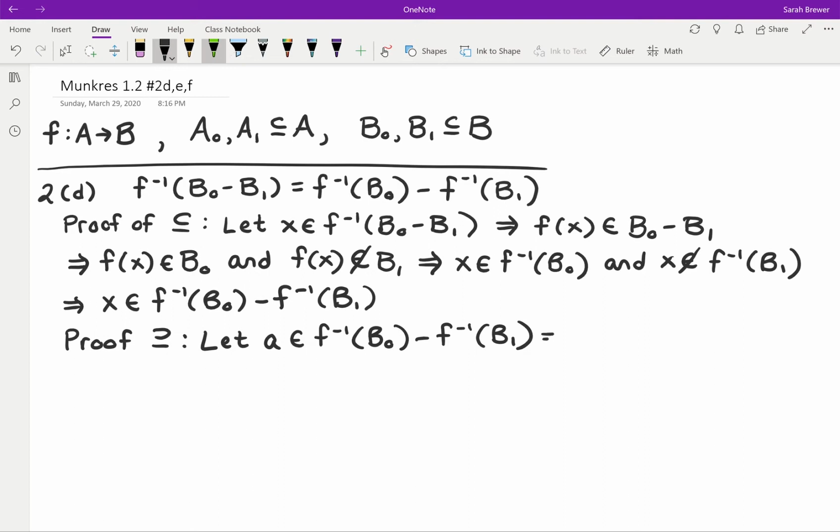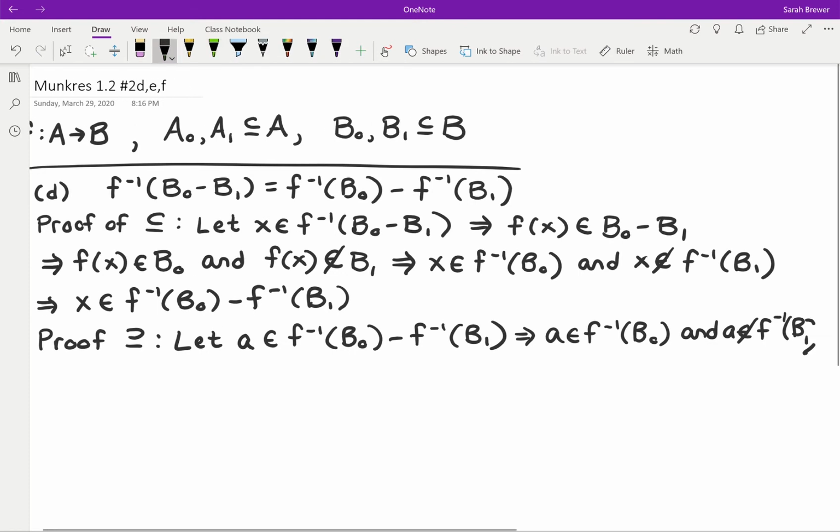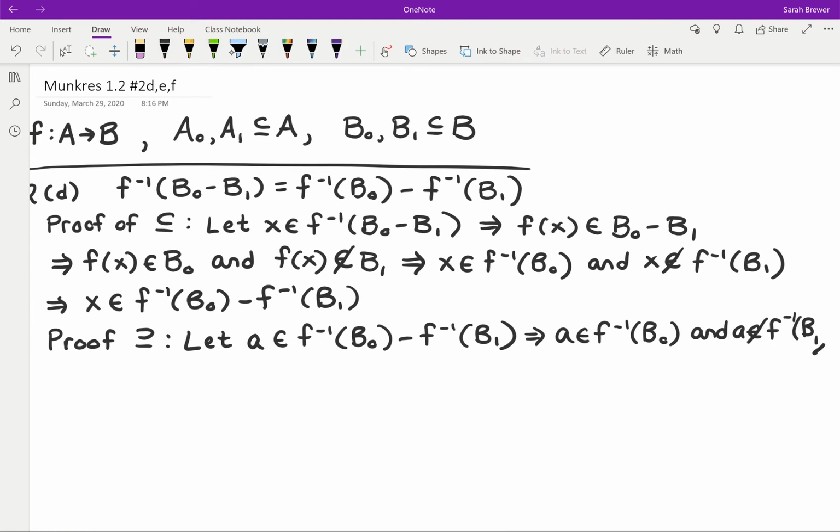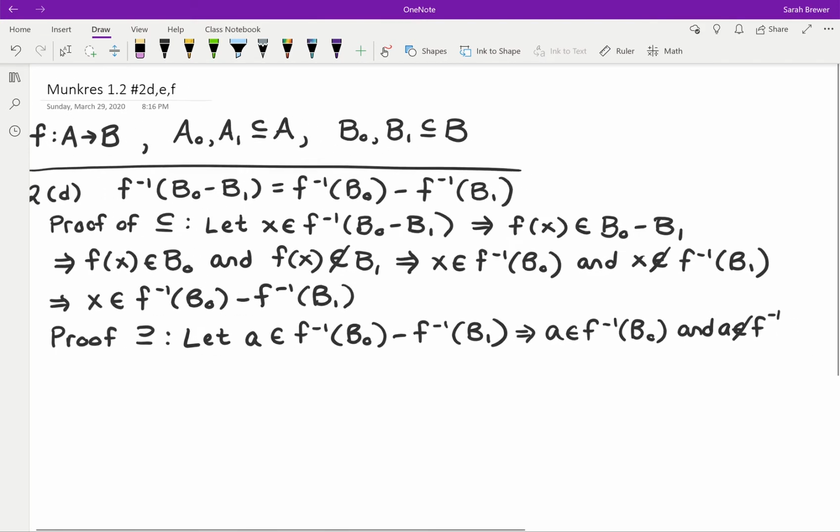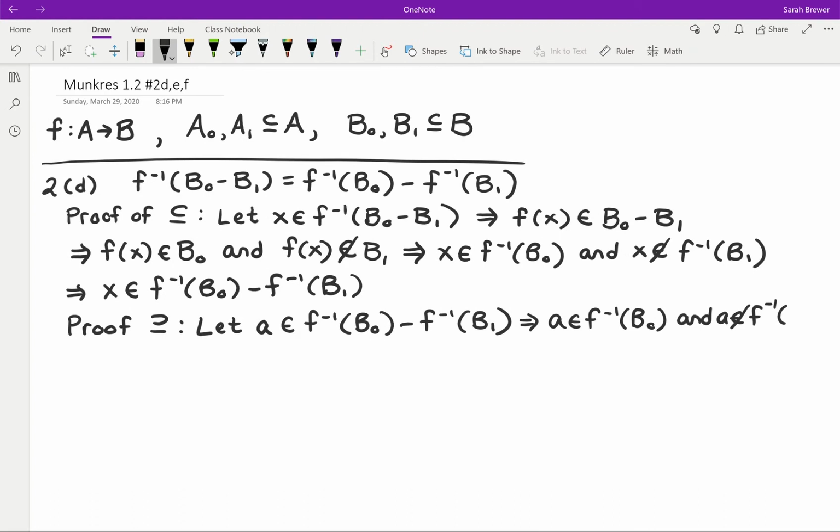If that's the case, then we know that a is in the preimage of B0 and a is not in the preimage of B1. Let me squeeze that in there, and shrink that down a little bit. There we go.